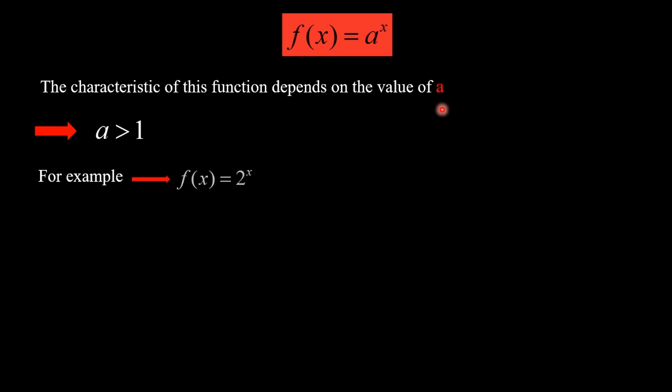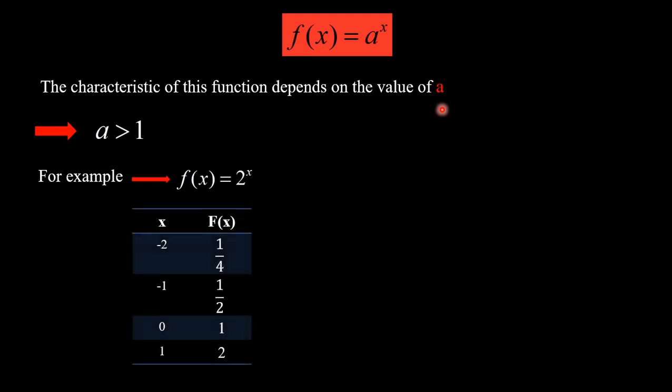To draw this function, we must calculate some points. As you can see in this table, for x = -2, f(x) = 1/4, and for x = -1, f(x) = 1/2, and finally for 0, f(x) = 1, and for 1, f(x) = 2.